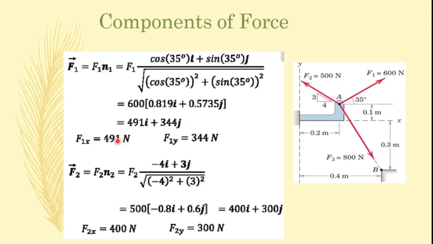The force component of F1 along the x direction is 491 Newton, because i is the unit vector along the x direction and j is the unit vector along the y direction. Then the force component along the y direction for F1 is 344 Newton.